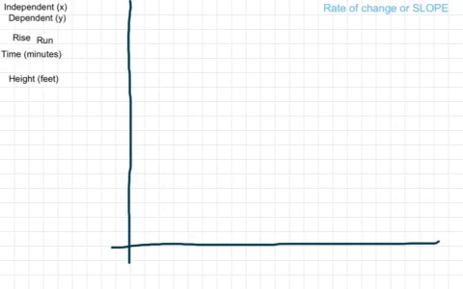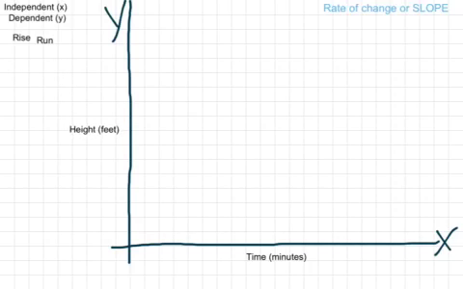So we've got a coordinate plane here, and we've got our x-axis and our y. On the x, we have got time in minutes, and then on our y, we've got height in feet.